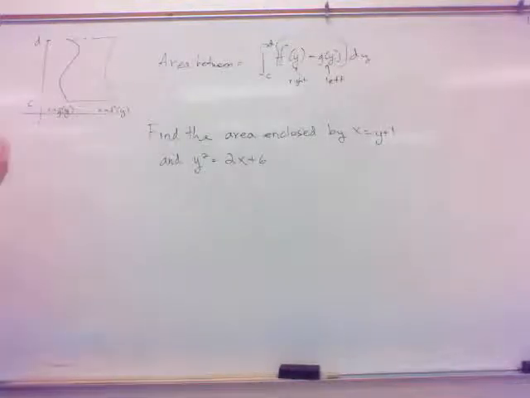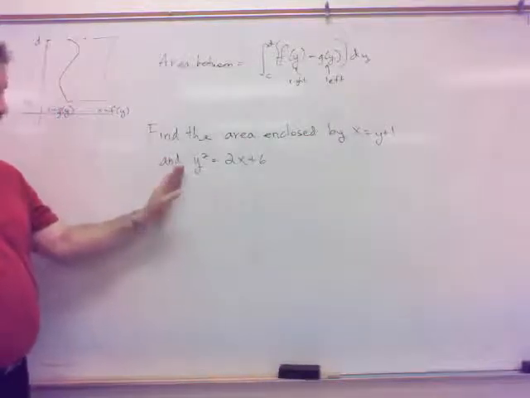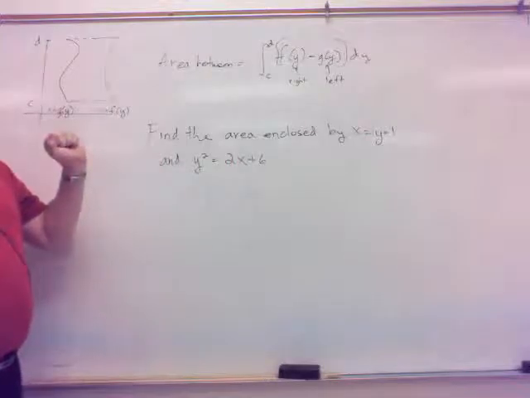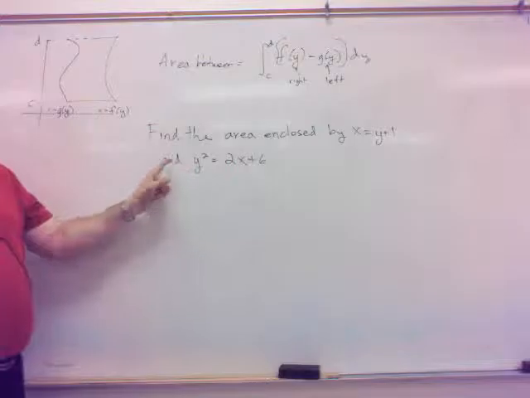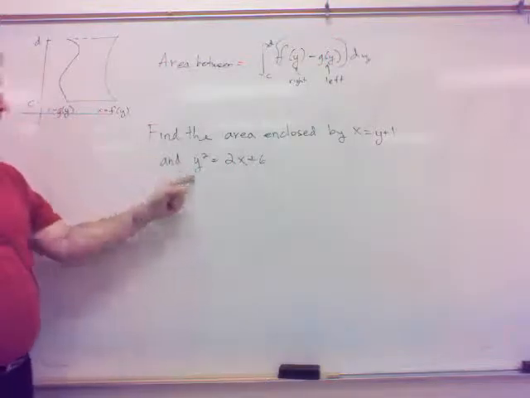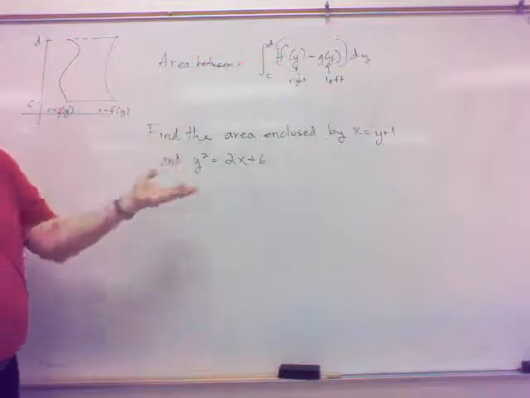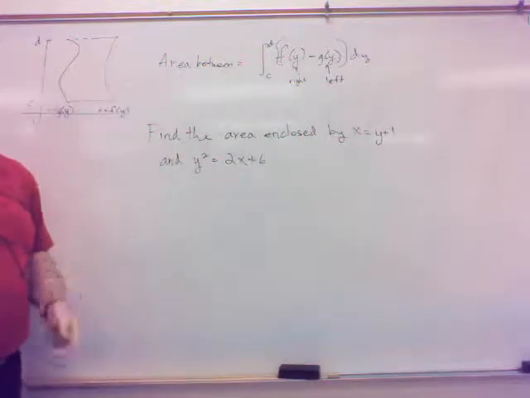However, the second function here would be a little more complicated to describe as a function of x, because it's got y squared. So to get this to be a function of x, I'd have to have y equals something. It's the square root of 2x plus 6, but it's plus or minus.